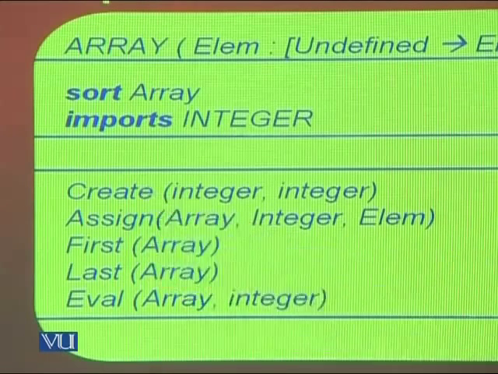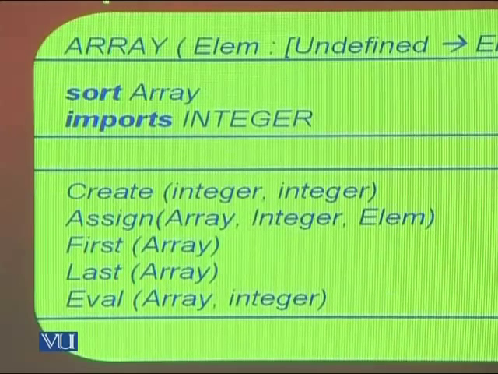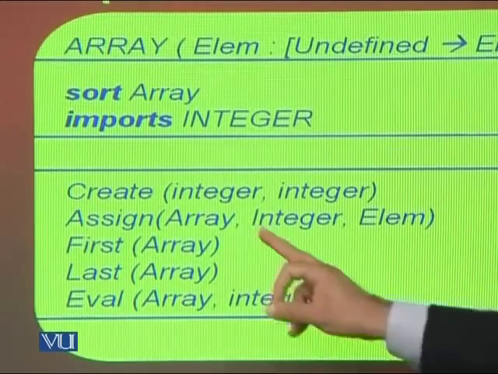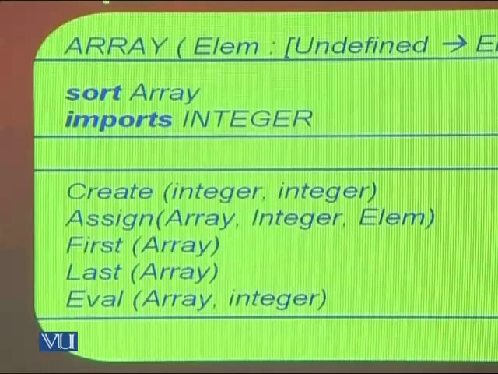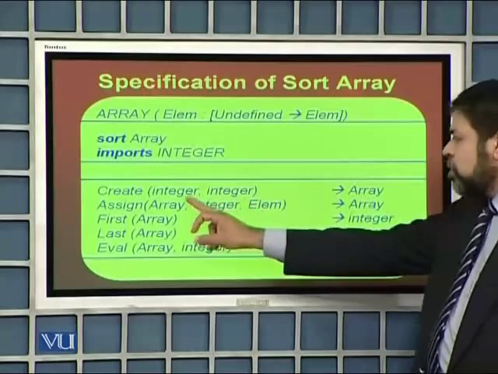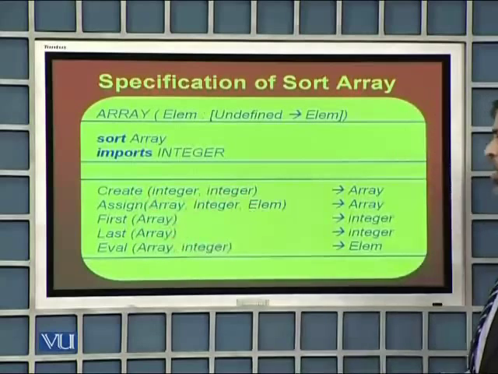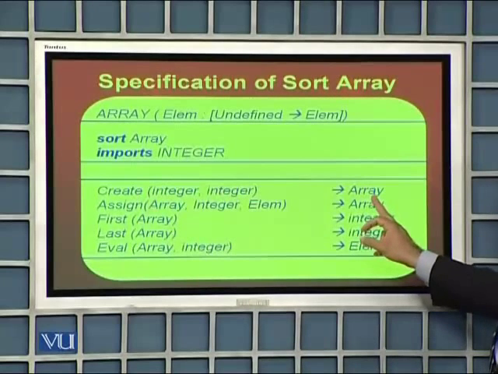This create is a method which is used to create an array. So it takes 2 integers and it creates an array. So this is the input parameter to this method or function create, and this is the output.